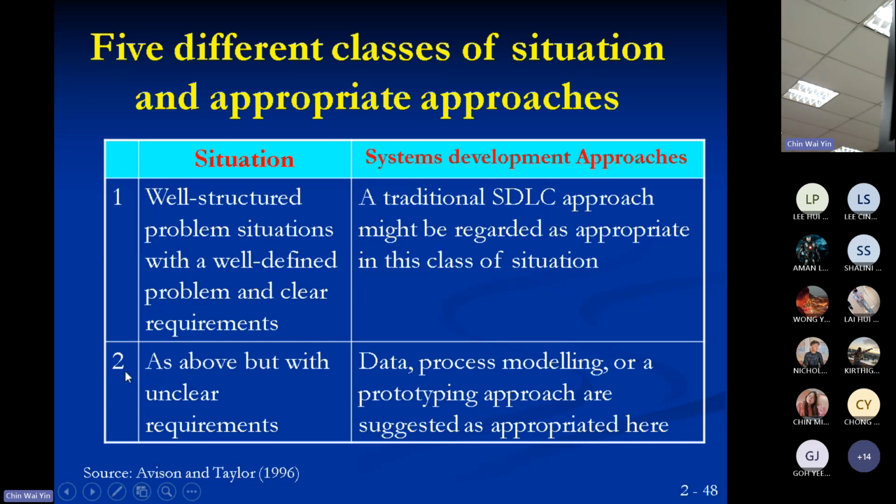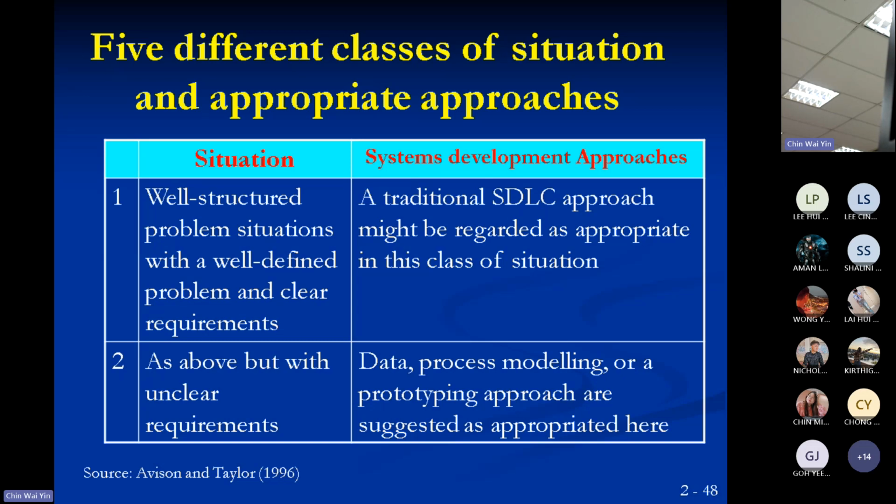The next one is as above, meaning you have a well-structured, well-defined problem, but with unclear requirements. This is the second context. Everything else is clear, but you are not sure yet about the requirements.